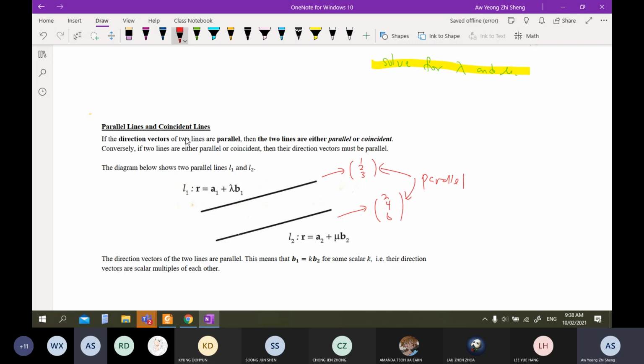However, this sentence tells us if the direction vectors are parallel, then the two lines are either parallel or coincident. There are two possibilities. When we use the phrase parallel lines, it's understood to be separate parallel lines.